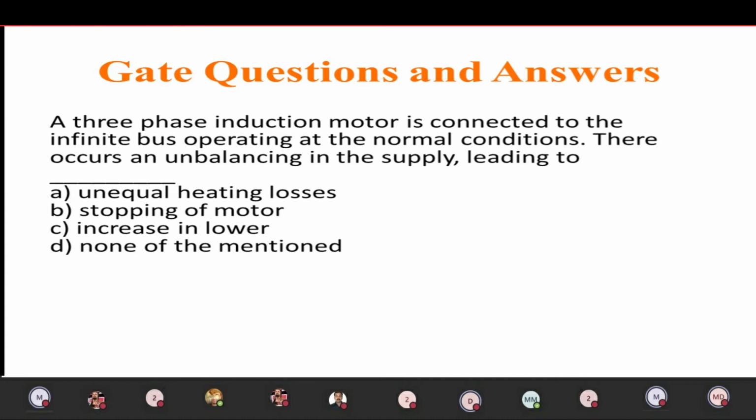A three-phase induction motor is connected to an infinite bus bar, operating at the normal condition.